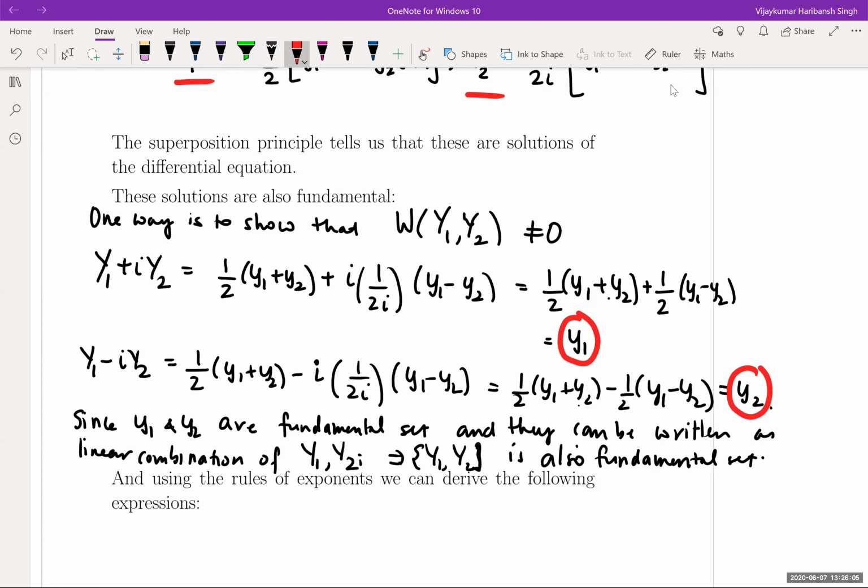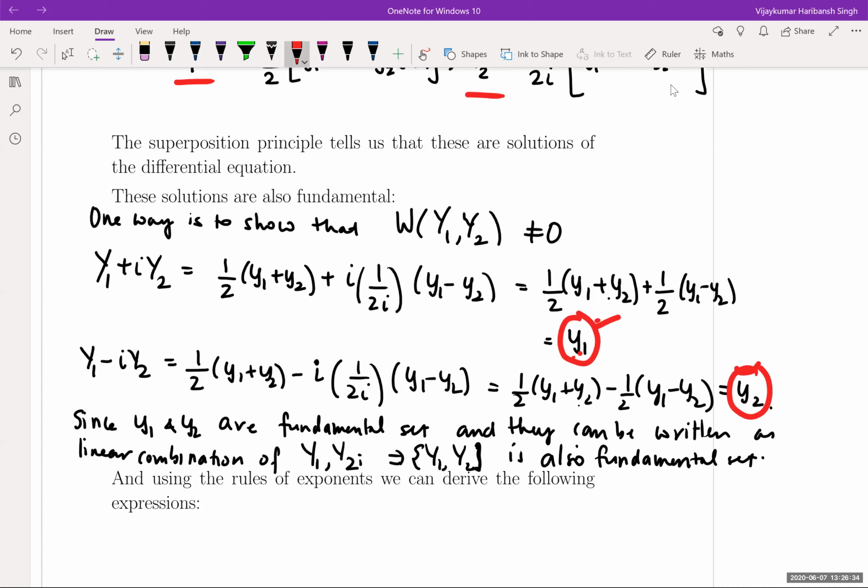So therefore, capital Y1 and capital Y2 are the fundamental set of solutions. Because any solution is a linear combination of small y1 and small y2, and that in turn is a linear combination of capital Y1 and capital Y2. So that basically makes it a fundamental set of solutions.